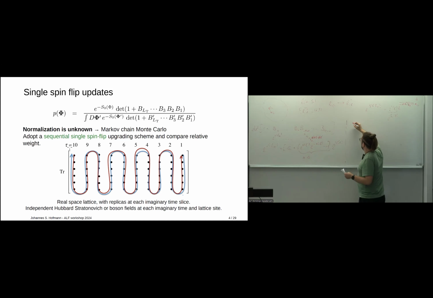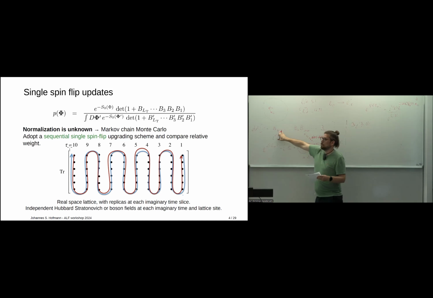For this, let me introduce B L prime from beta to 0 as an expression for the product of all the B's, where I start with tau 0, so B1 will be on the right side, going all the way to beta.